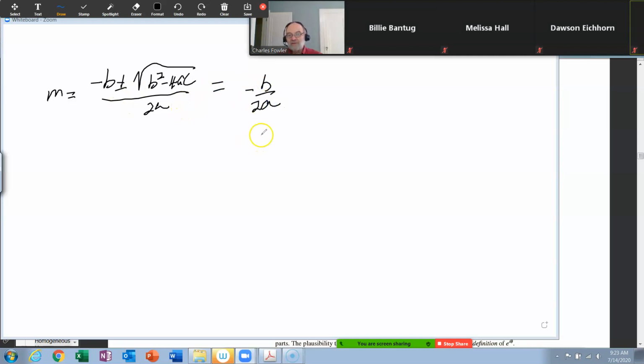That's a real part. That's what we're going to be calling the alpha. Okay? And then we have plus or minus I times the square root of, remember this is negative. Not zero, not positive, negative. Well, if that's negative, then for ac minus b squared must be positive.